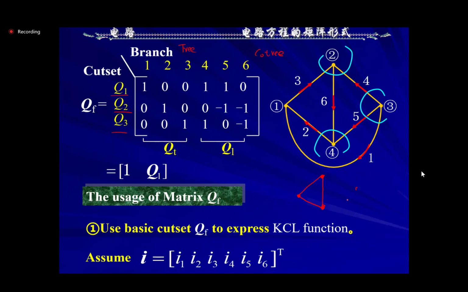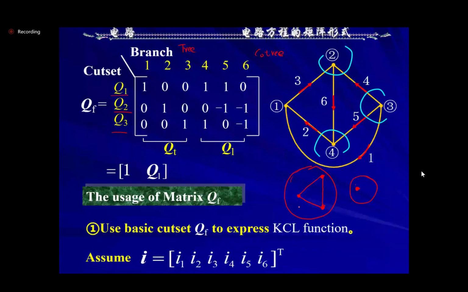This is 4, this is 5, this is 1. So we remove 4, 5, 1, and two parts are left, part A and part B.